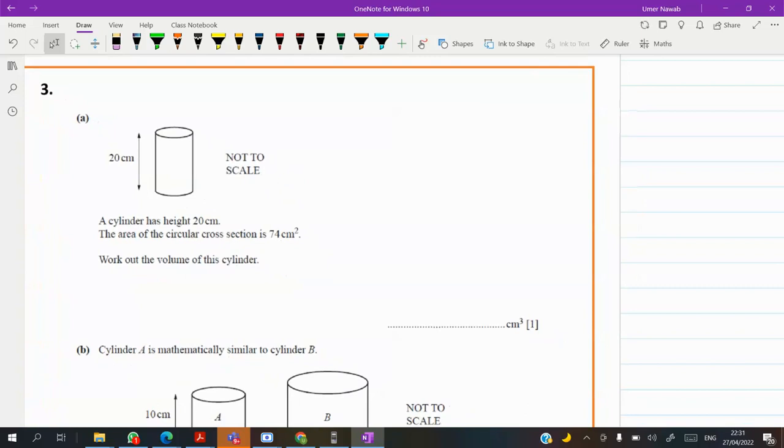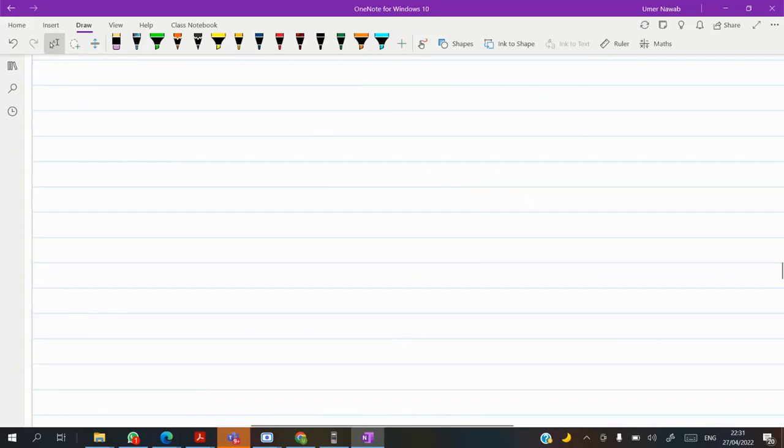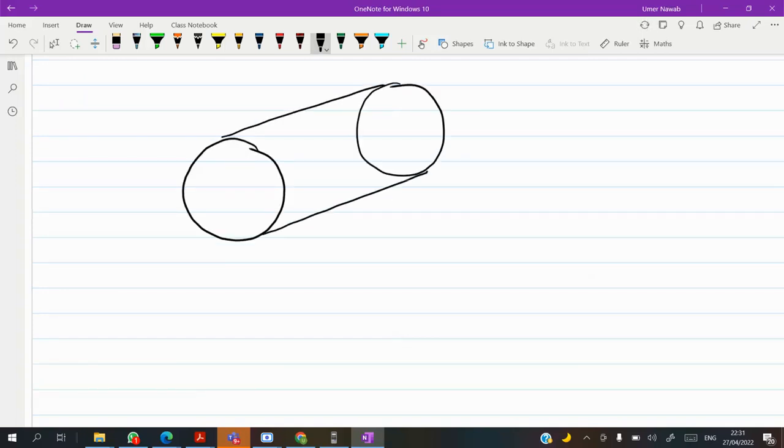we have a cylinder, which is also a prism. If we have a circle and we take the circle back, we get a cylinder. Now for a cylinder, in the final exam, he will not provide you the volume and surface area formulas. So let me explain how to construct the formula for the volume. For the volume, guys, you need to know the front area. The front area is pi r squared.